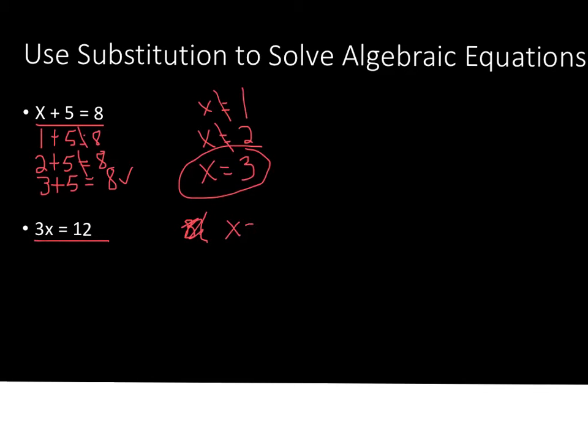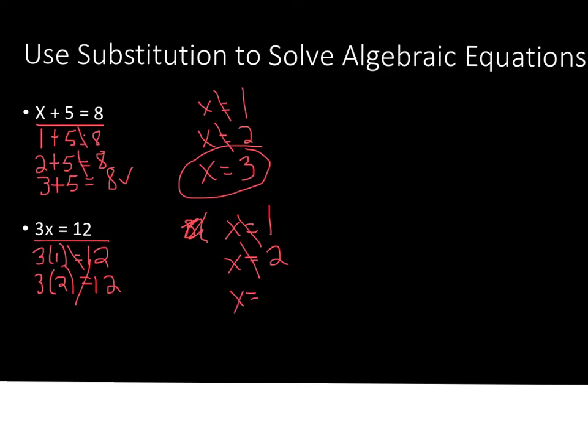So we would say if x is equal to 1, that would be 3 times 1 equals 12. Well, that's not true. 3 times 1 is 3. So we would say x could be equal to 2. So we'd say 3 times 2 equals 12. Well, that's not true because 3 times 2 is 6, so x is not equal to 2.